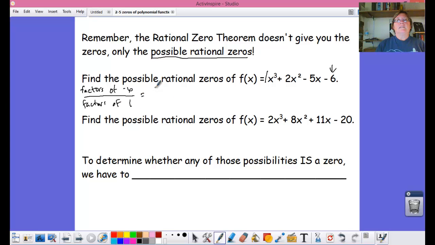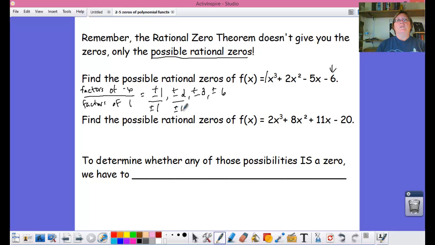Factors of -6, well, it could be positive or negative 1, positive or negative 2, positive or negative 3, positive or negative 6. All of those have to be divided by the factors of 1, which are always positive or negative 1.